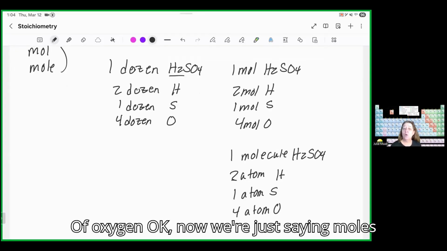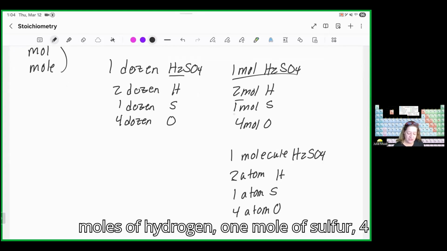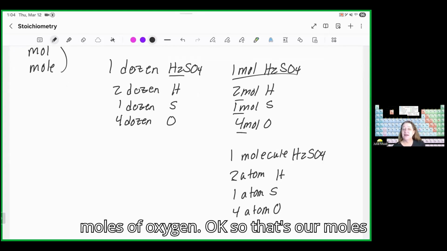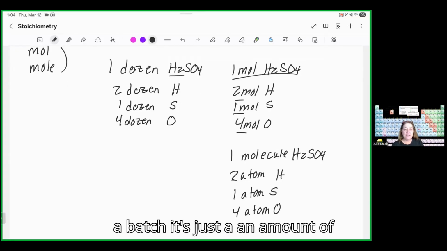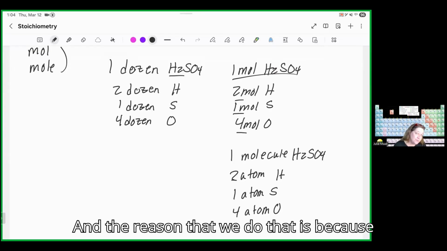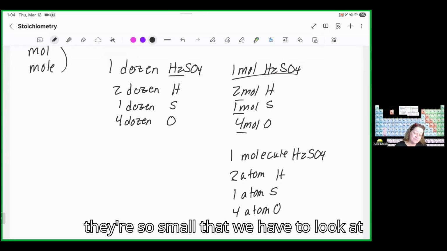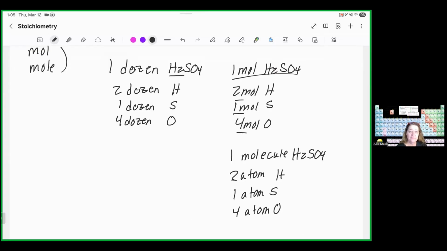Now we're just saying moles: a mole of sulfuric acid, 2 moles of hydrogen, 1 mole of sulfur, 4 moles of oxygen. That's what a mole is. It's just a batch, an amount of chemicals. The reason we do that is because they're so small that we have to look at them in batches, and the batch that we use is a mole.